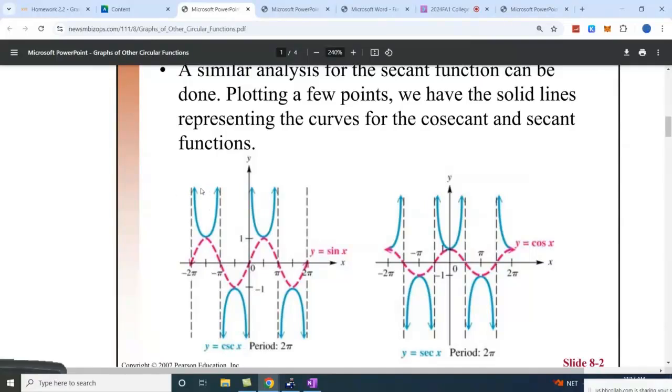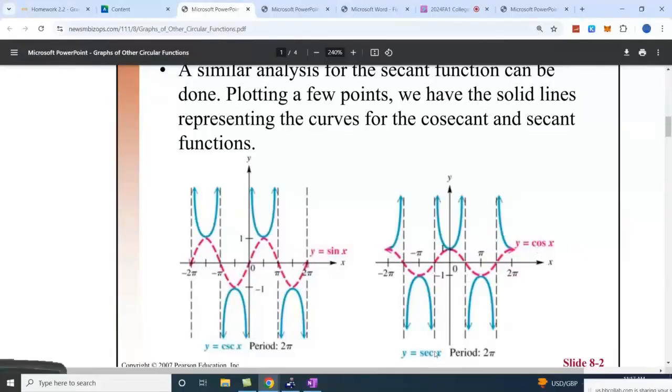The graph for the cosecant is the blue curve. Now this is what makes it discontinuous. If I were to try to trace this graph, I could trace one part of the graph and then I have to remove my pencil off of the paper to continue tracing the graph. This is a discontinuous graph. So just notice the shape that the cosecant function takes.